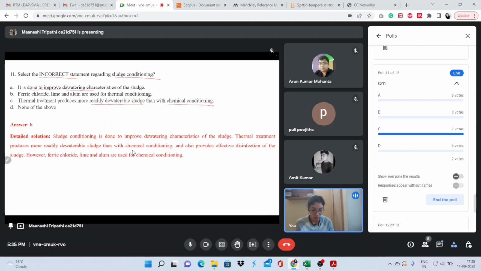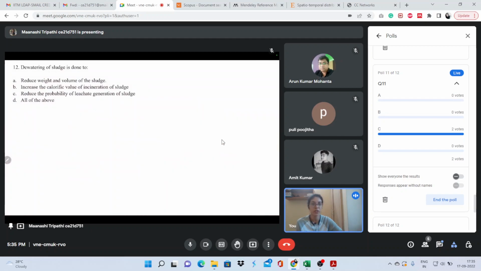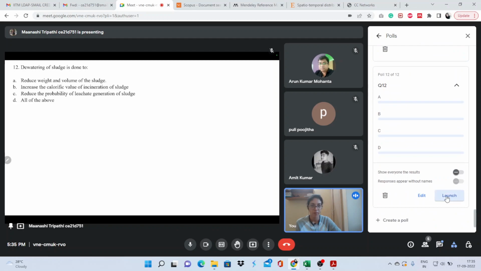And we are talking about thermal conditioning. Why is statement B incorrect? Because we are talking about thermal conditioning but we are adding these chemicals. I hope you understood. Let's move towards the next question. And this is the last question of the theory. Then we have some numericals. We'll solve that.